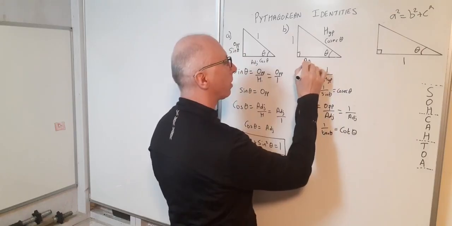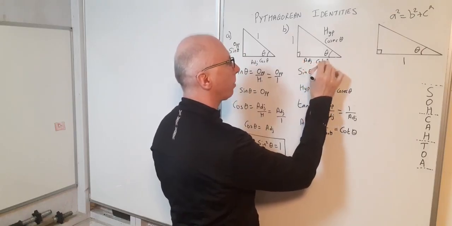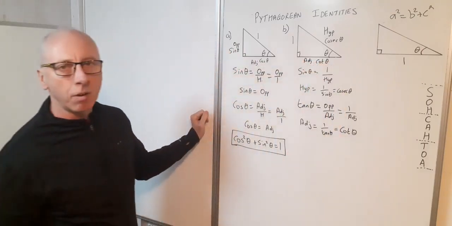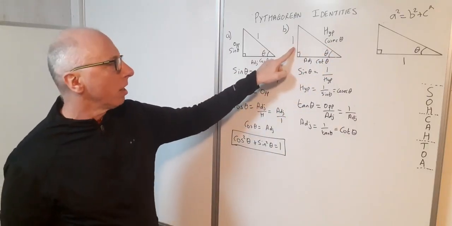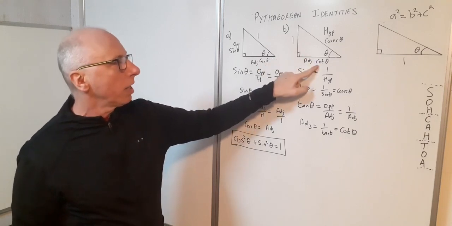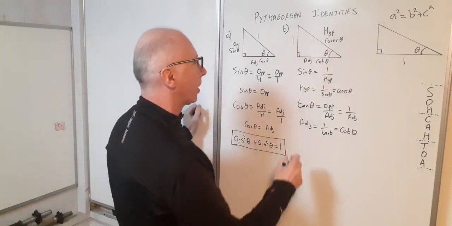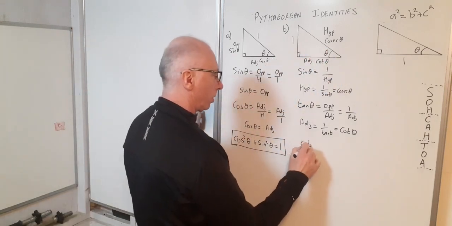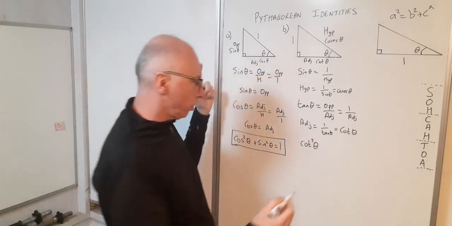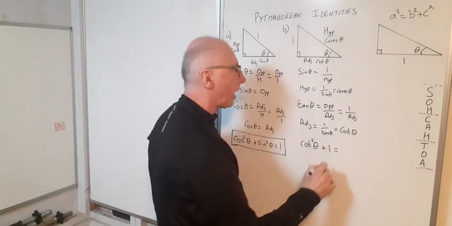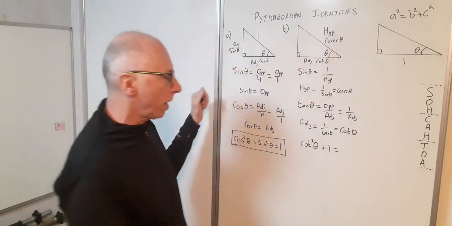Now I've got a representative for each of my sides. So now square these two, add them up, I should get this one. So now I've got cotangent squared theta plus 1, squared is just 1, nothing to do there, equals cosecant squared theta.